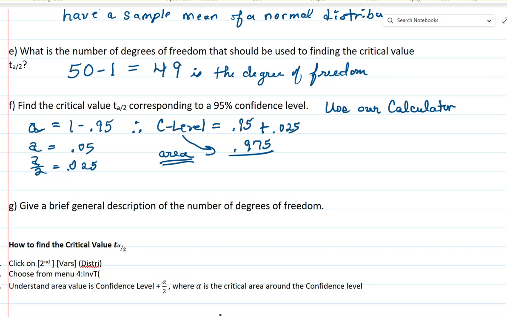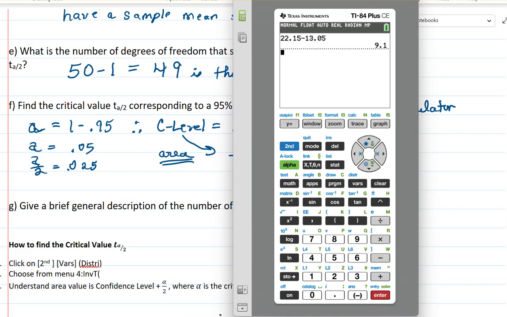So now we're going to use our calculator. Let me get it back up. Where did it go? There it is. And we're going to go just like the statement, second Vars, distribution, and see inverse t because we want the t. So I'm going to go 4. I'm going to put the decimal 975 for the area, and degrees of freedom we said was 49, and we enter.